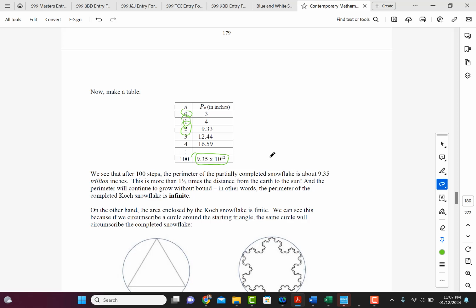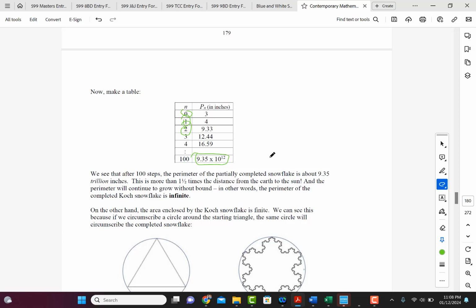Okay? Now, we can see that this is going off to infinity, right? I mean, it makes sense. As n is increasing, the perimeter is increasing much faster.